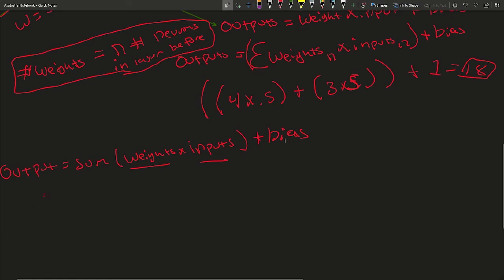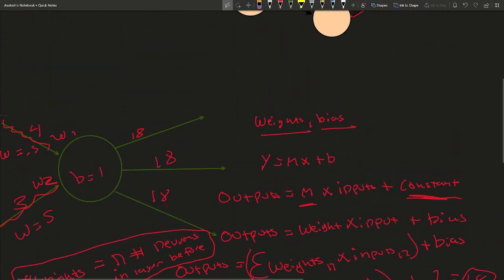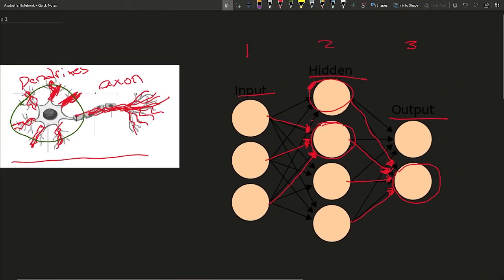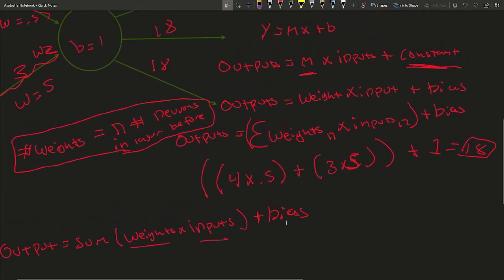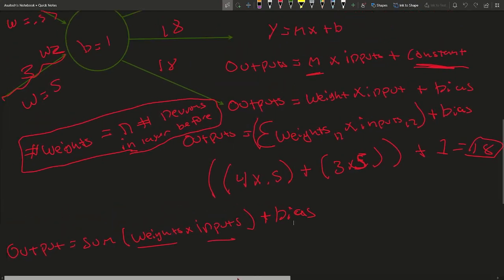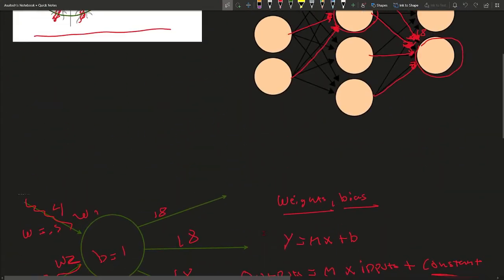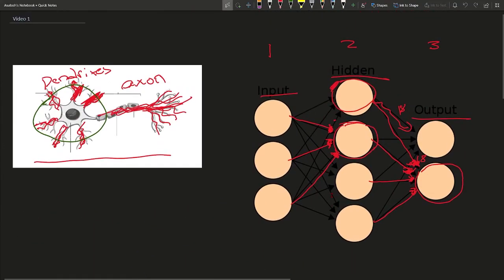And that is simply the output for one neuron. So say this would be the output for this one, equal to 18. So it'd send an 18 to this one, and it'd send an 18 to this one right here. And that's pretty much how you do some basic math regarding hidden layer neurons.